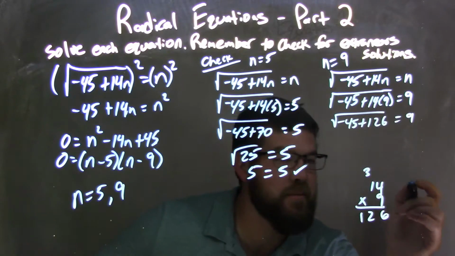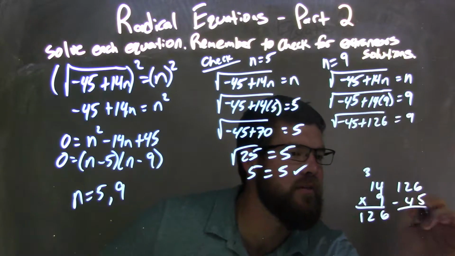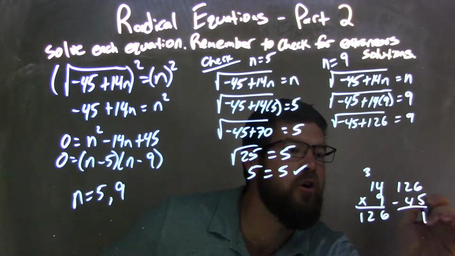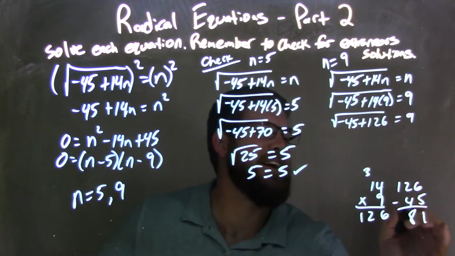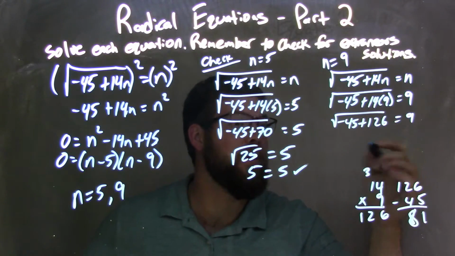What's 126 minus 45 essentially? 126 minus 45. I have a feeling it's 89, but could be wrong. It's 81, sorry, 81, not 89, 81, right? 12 minus 4 is 8, 81.